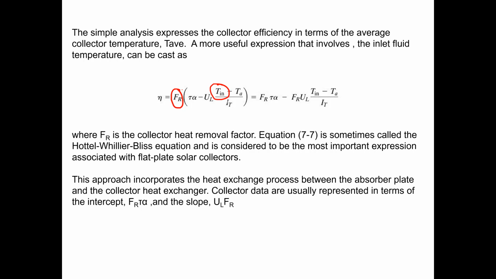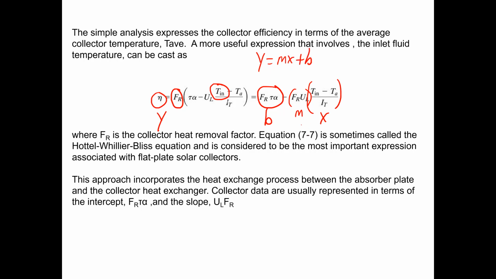It classifies collectors in terms of this equation, which is basically a line, right? If you consider the efficiency to be y, this part of the equation is the y-intercept, this portion is the slope, and this portion is x. So you can quantify this as a linear line, y equals mx plus b.